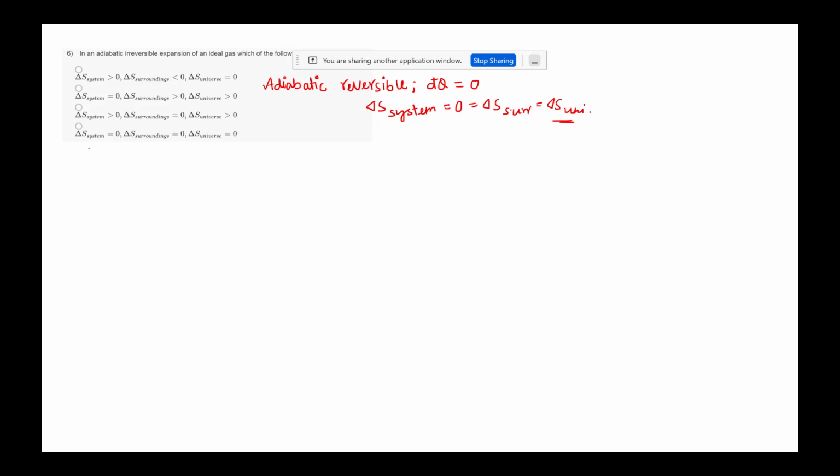But for an irreversible process we cannot write like this.